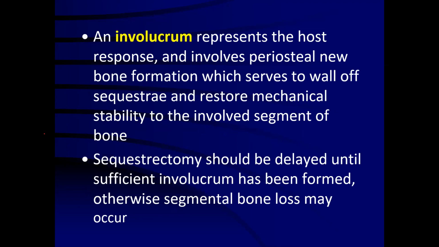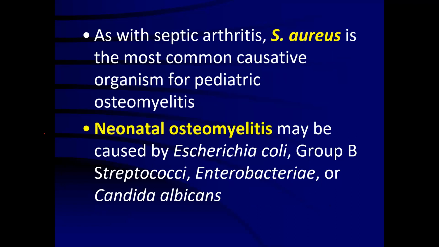An involucrum represents the host response and involves periosteal new bone formation, which serves to wall off the sequestrum and restore mechanical stability to the involved segment of bone. Sequestrectomy should be delayed until sufficient involucrum has been formed. Otherwise, segmental bone loss may occur.